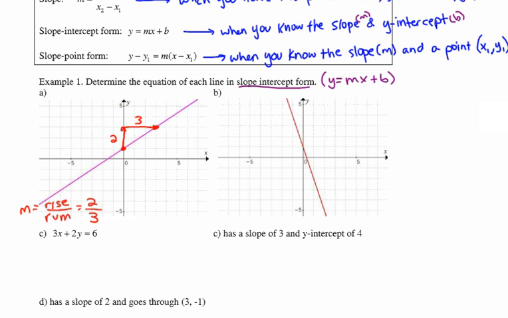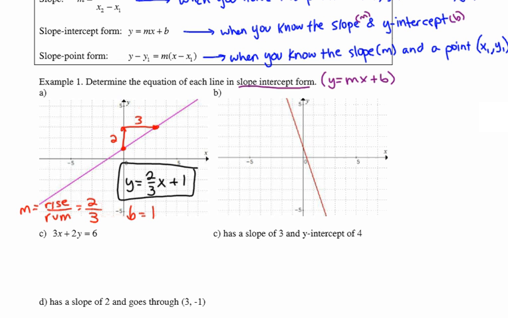So there's our slope. Do we know our y-intercept, our b value? Where does it cross the y-axis? At 1. And so now we can make our equation. Our equation is y equals mx plus b, so we can plug that in. Y equals, the m is 2/3 x plus the b value of 1.